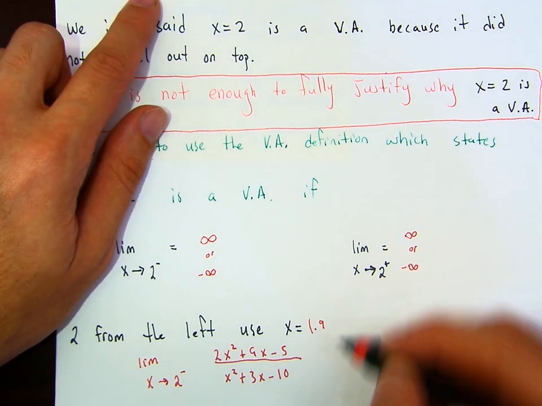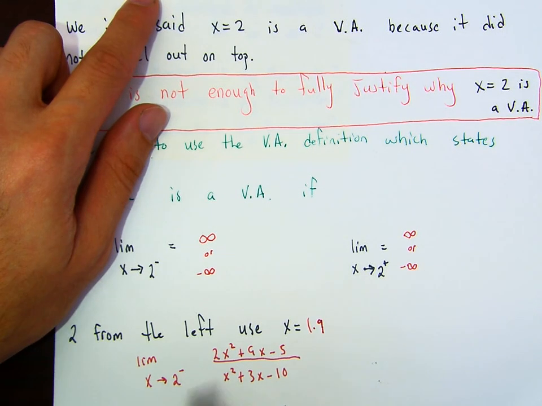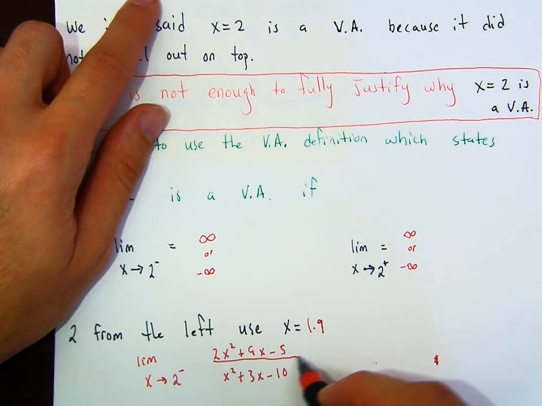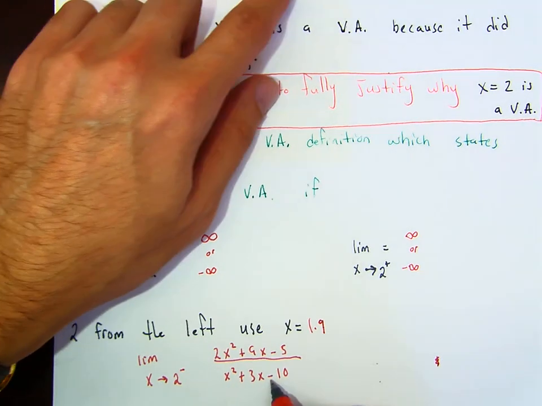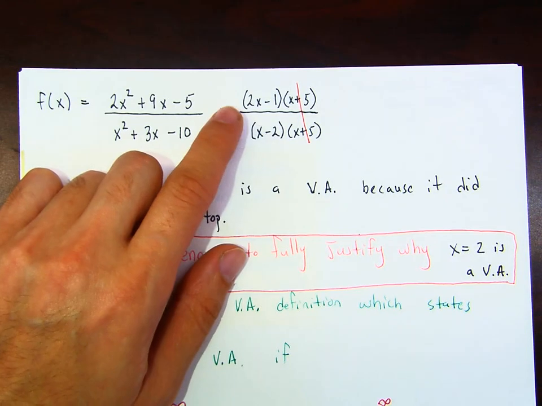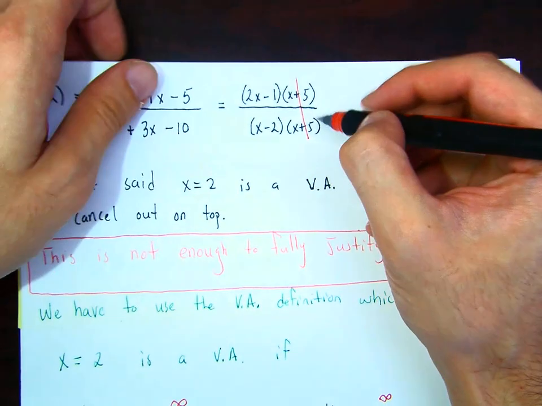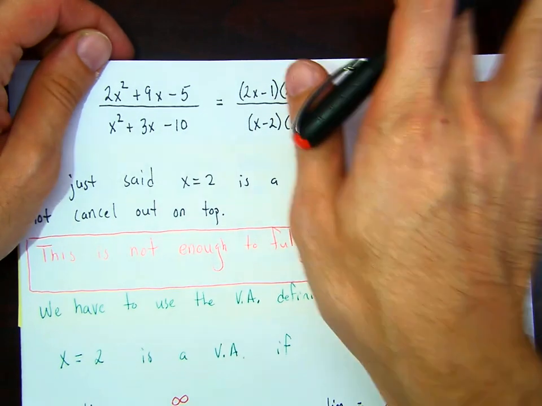You could say 1.9. You know this is a vertical asymptote, but all you have to show is that it goes to positive or negative infinity. You don't have to plug 1.9 into the whole thing. Notice how it factored and we canceled the x plus 5s, so you're allowed to just say that this whole thing is equal to this.